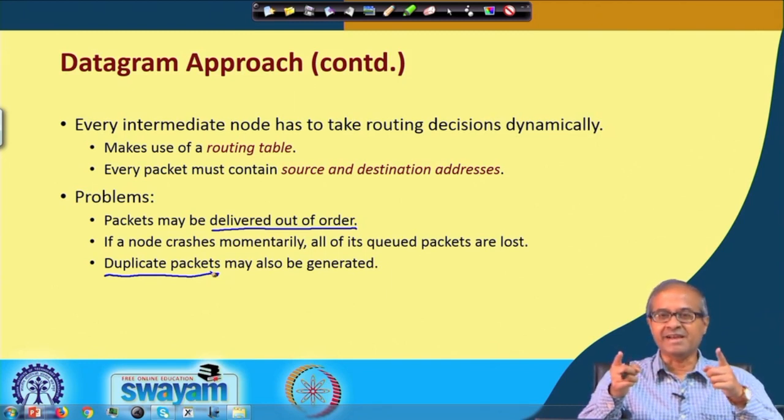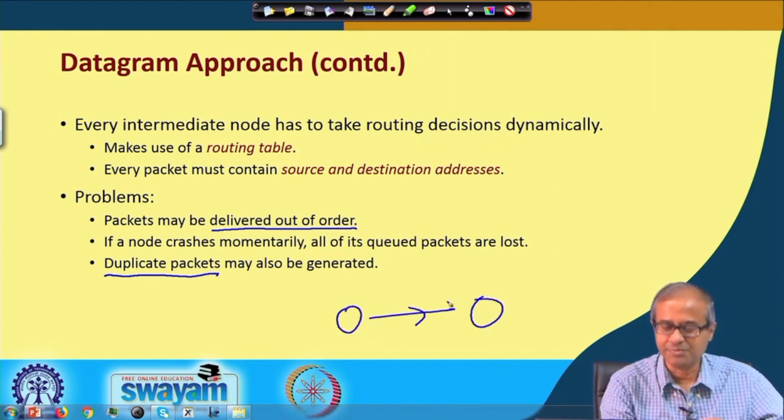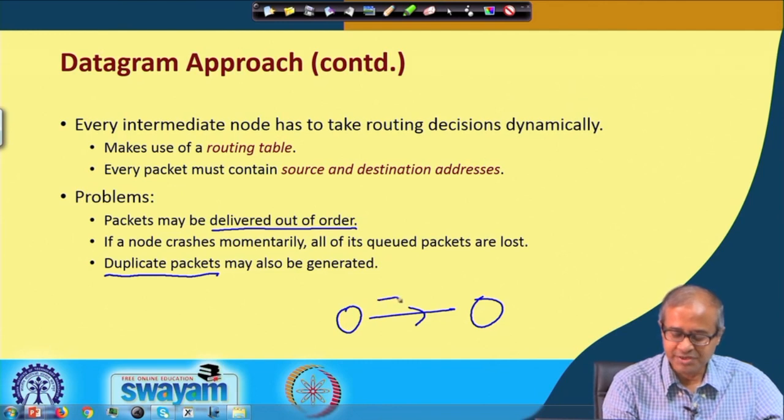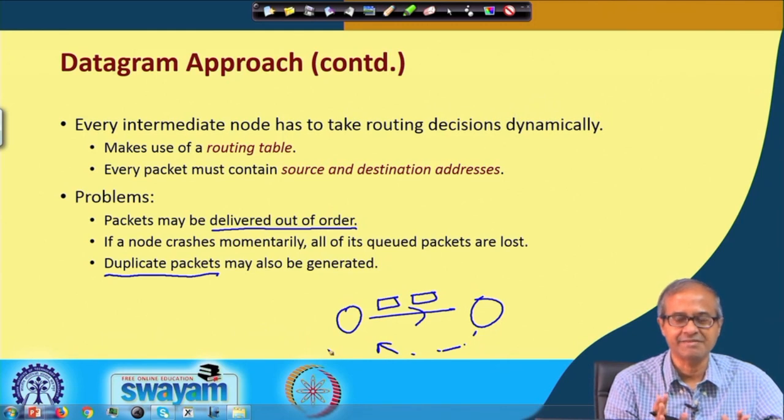For every link, suppose there is a link between a node and the next node. This node will be sending some packets to the next node and will be expecting some acknowledgement to come, that I have received the packets correctly.